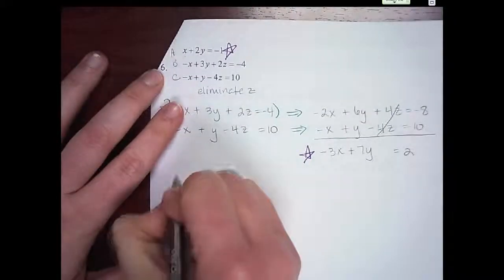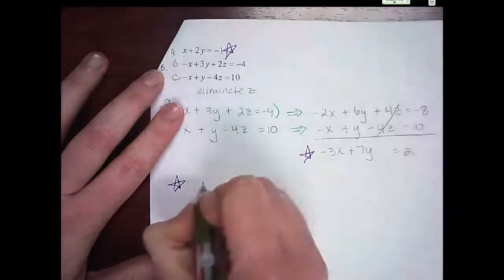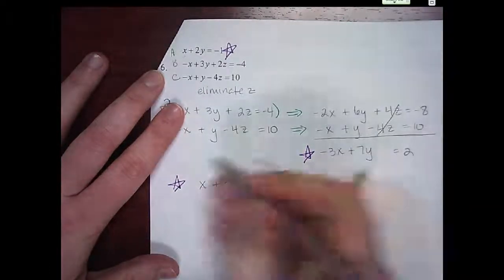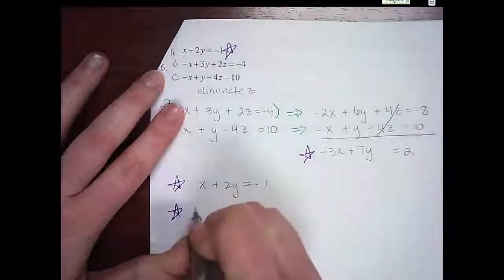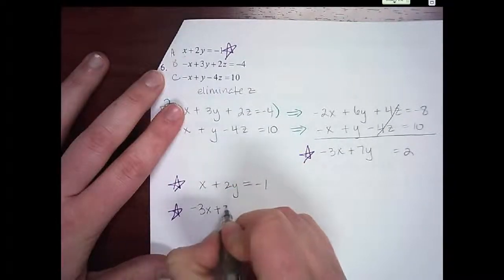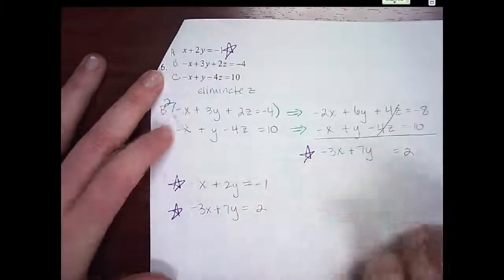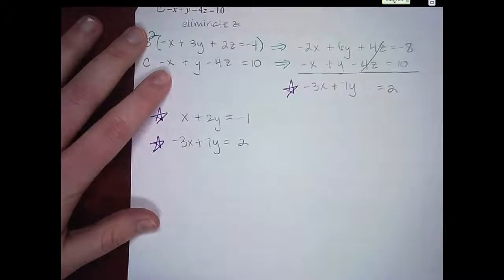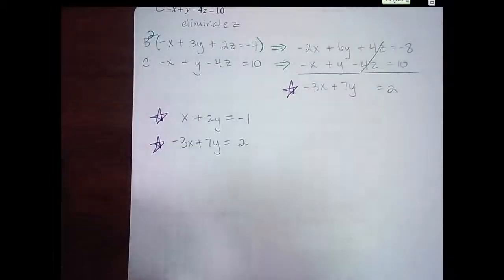So I'm going to rewrite those. X plus 2y equals negative 1. And negative 3x plus 7y equals 2. So now we have our regular elimination problem. So I'll eliminate x.